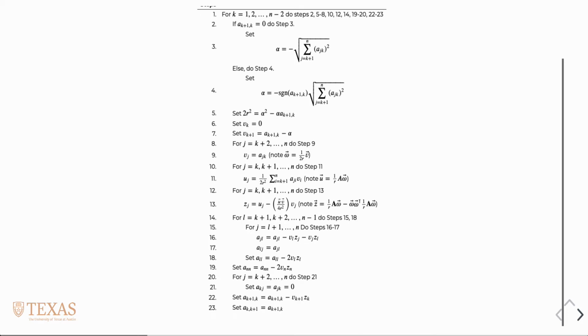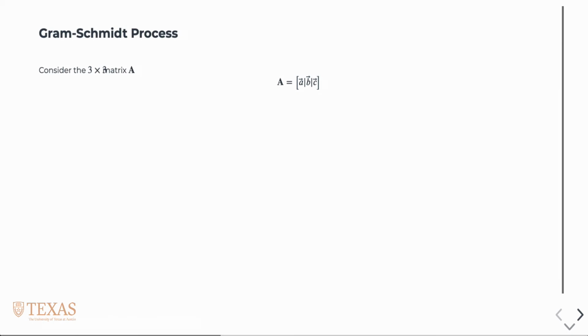So the second tool we need is something called an orthonormalization process, and we'll use the Gram-Schmidt method for that. In order to give an idea of what this does, imagine you have a matrix A, and we'll look at the 3 by 3 case, but this generalizes to higher dimensions.